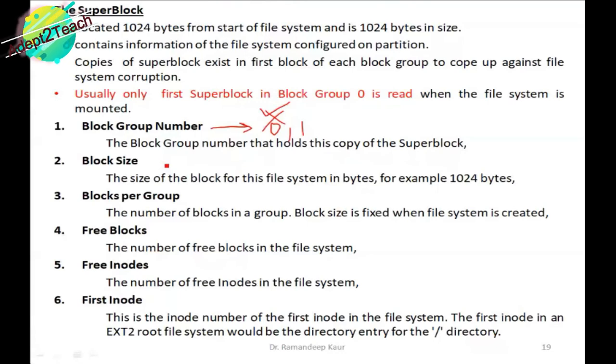Because maybe in partition number 2 you implemented Ext2, and in partition number 3 you implemented Ext3. So in partition number 2 you said the block size would be maximum 4 KB. In Ext3 you said the block size would be maximum 16 KB. So it has to understand which is the block size, because depending upon the block size, the files will be allocated.